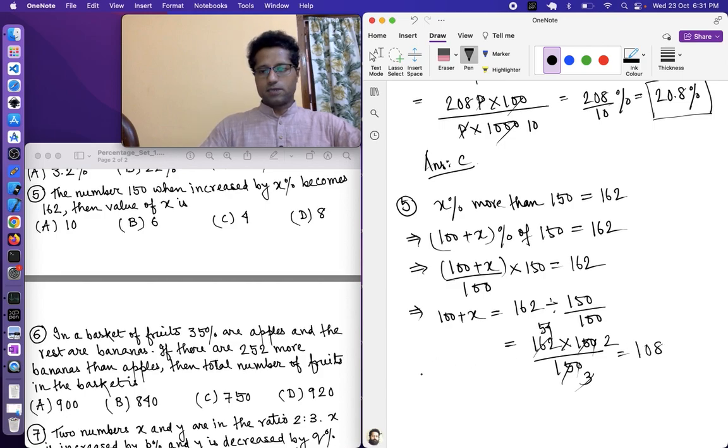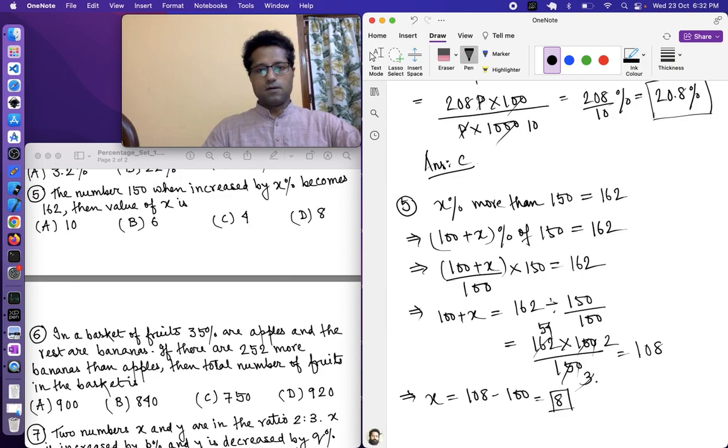So 100 plus x is 108. This implies x is equal to 108 minus 100, which is 8. So the answer is x is 8, and hence the correct choice is D.